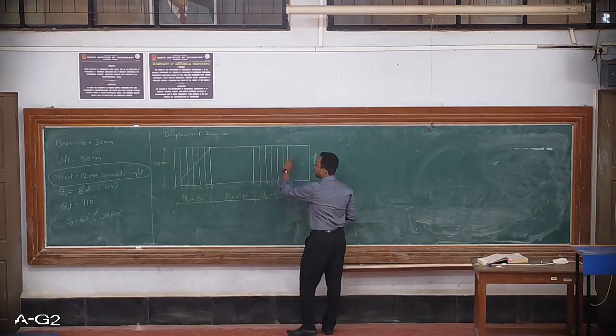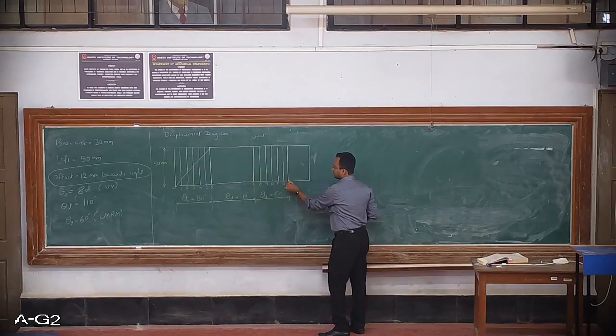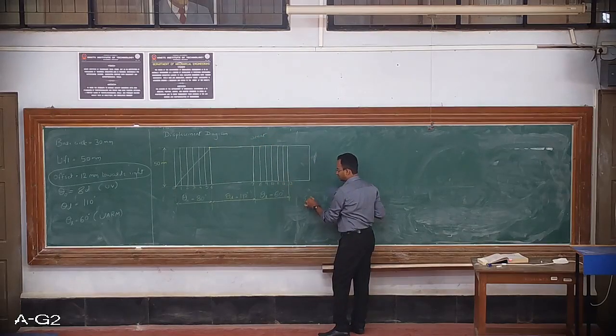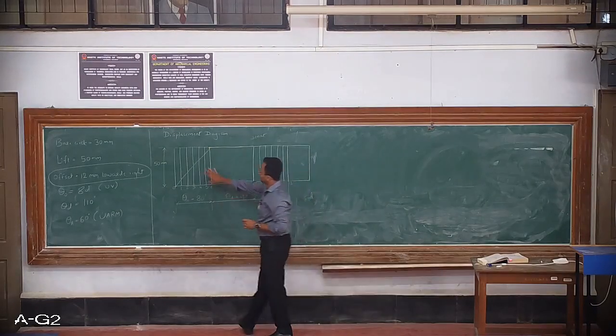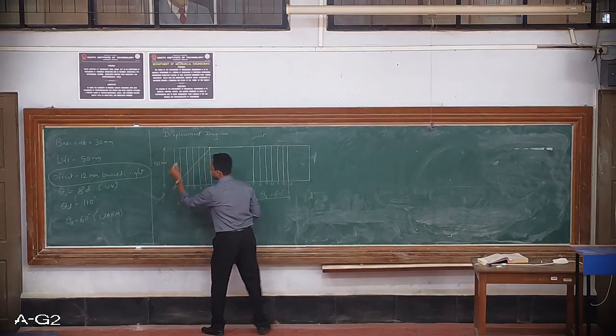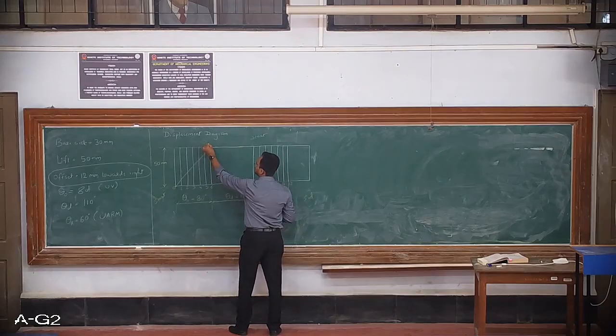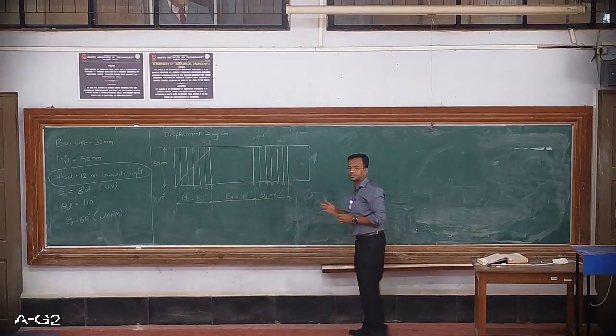So for return stroke, which is the start point over here, so we have stopped here, that means this becomes our start and this point becomes our end point. Whereas for rise stroke, this was our starting point and this was our ending point. For return stroke, this will be start and this will be end. Okay, I hope this is clear.